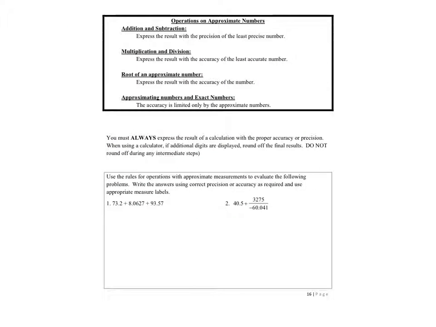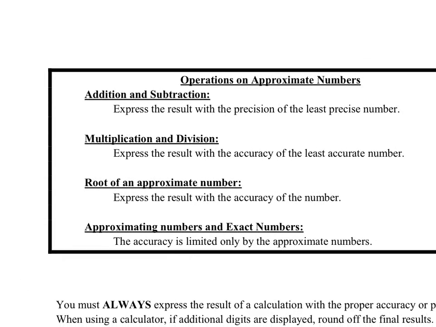Okay, so this next part where we're doing operations on approximate numbers, we have to follow these rules. And again, we're going to use these rules the entire course. So when we are adding and subtracting, we round with the least precise number.